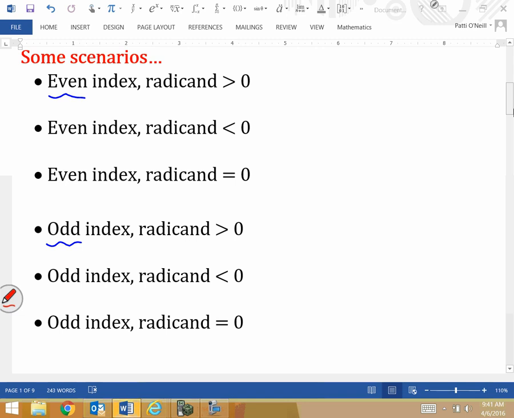Now an even index would be something like a square root or a fourth root or a sixth root, something like that. And a radicand that's greater than 0 might be something like 25. It could be 13, as long as it's positive. I use 25 because it's a perfect square, and I'm using a square root here to illustrate the idea. Anytime you have this scenario, even index and a radicand greater than 0, we end up with both a positive and a negative real root.